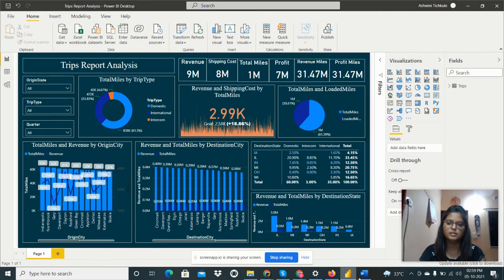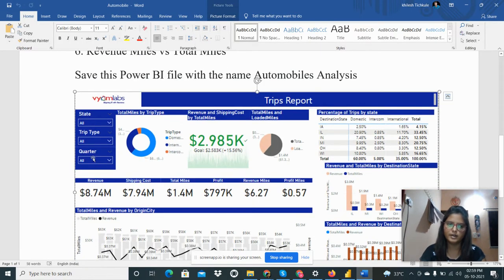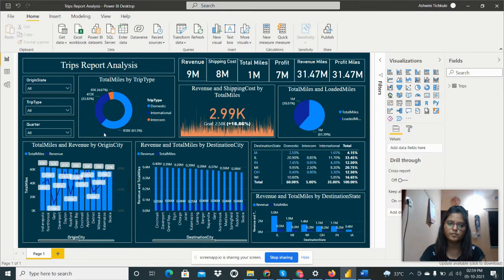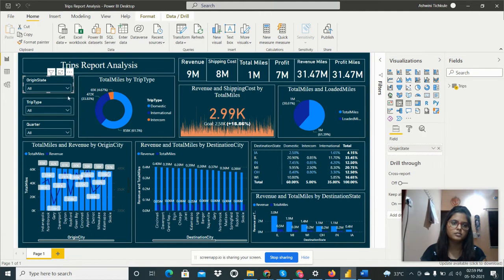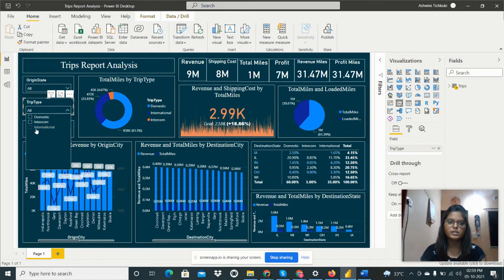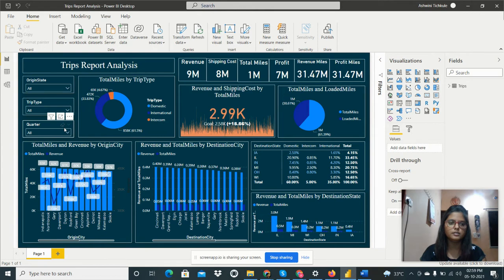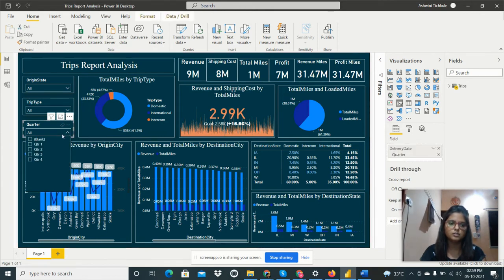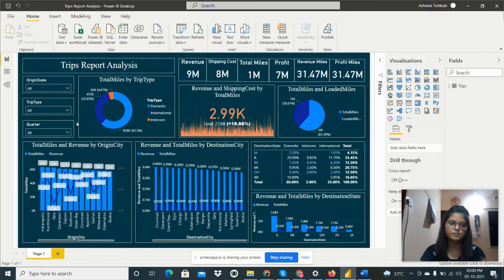As per the requirement, I have added this state. All origin state, we can filter on the particular state, particular trip type. We can see here are some trip types: domestic, intercom, international. So there are these three trip types, and these are the quarters one, two, three, four.